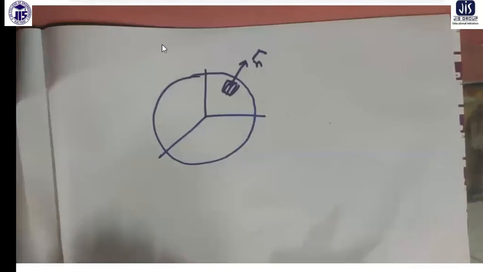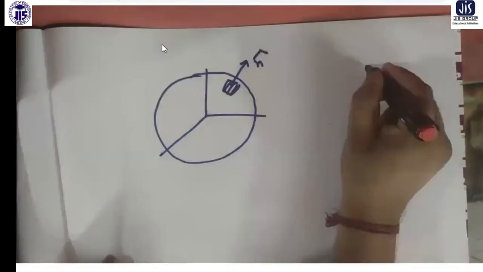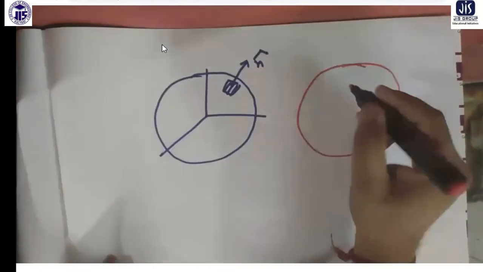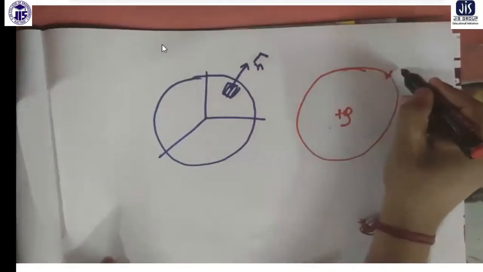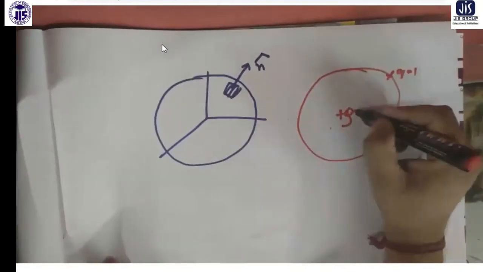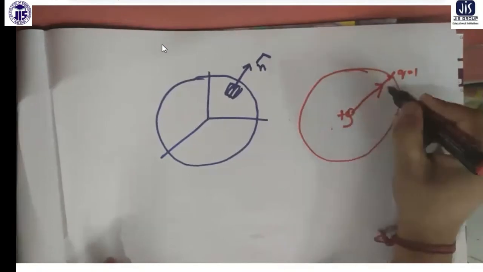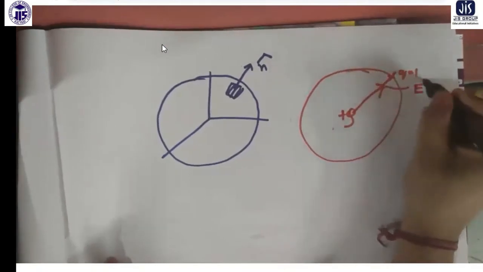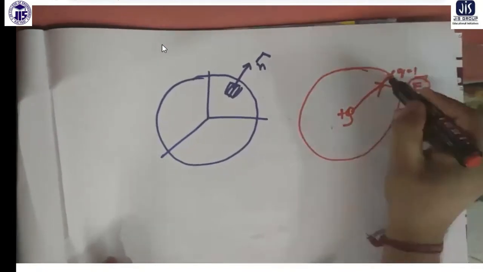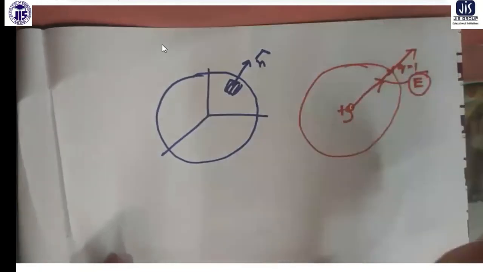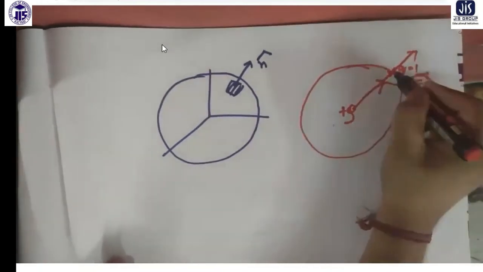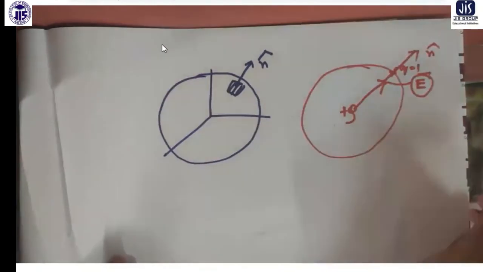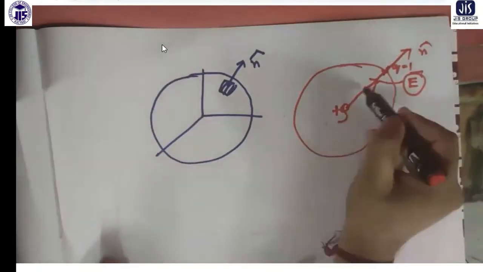Now let us take a practical example. Suppose I have a charge plus q here, and I have a unit charge q equal to 1 here. Along this direction, the electric force will act, the electric field will act. This is called the electric line of force, it is coming out. Now the electric line of force is perpendicular to the vector that is along the radius.